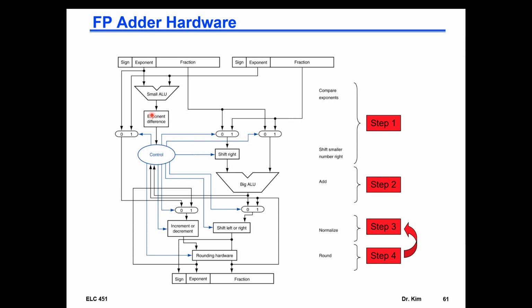So these exponents over here both come to a multiplexer, and then depending on the difference, the controller selects which one is the one that is going to go on and get shifted. And then it's going to become the exponent, because remember, they are going to be the same after the shifting.